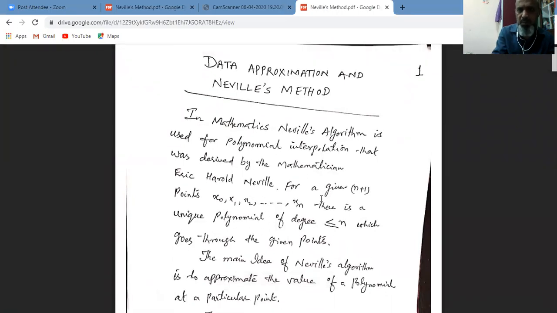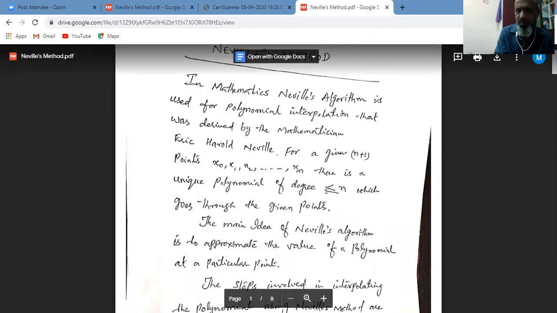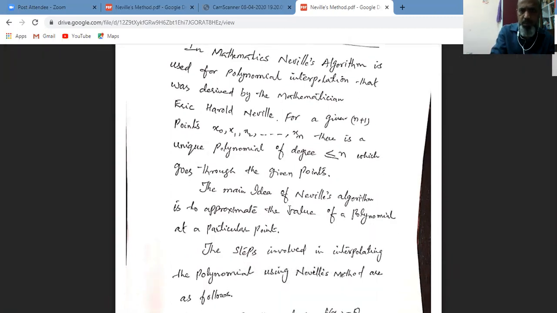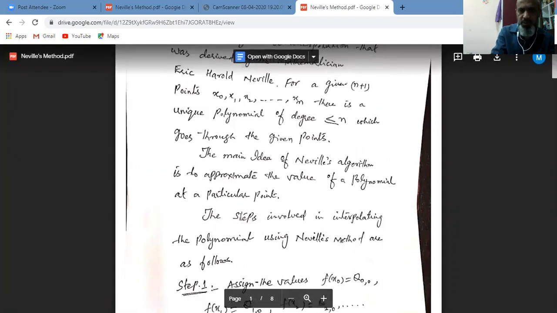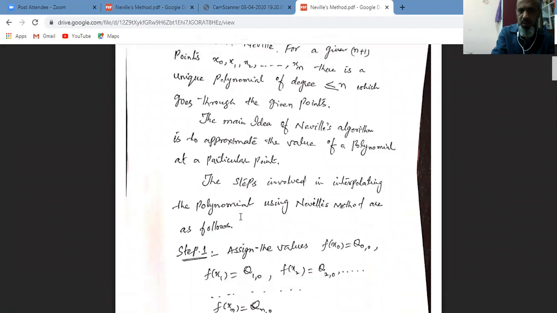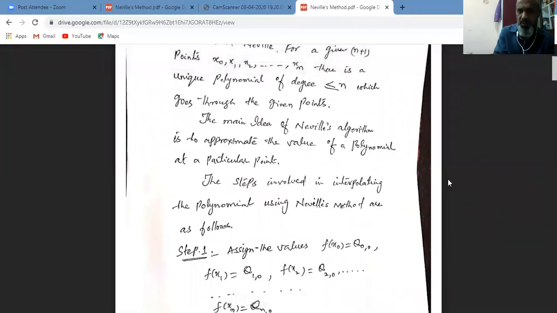For given n plus 1 points, that is x0, x1, x2, ..., xn, there is a unique polynomial of degree less than or equal to n which goes through the given points. The main idea of Neville's algorithm is to approximate the value of a polynomial at a particular point. So the steps involved in interpolating the polynomial using Neville's method are as follows.